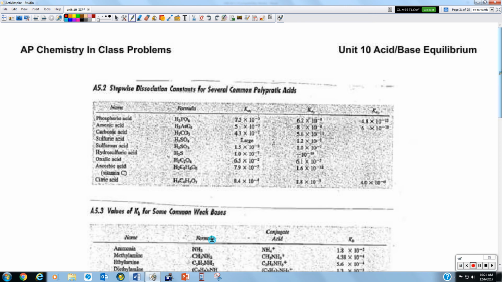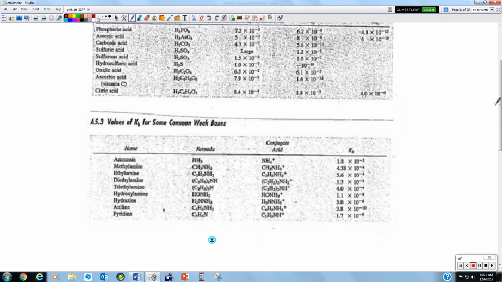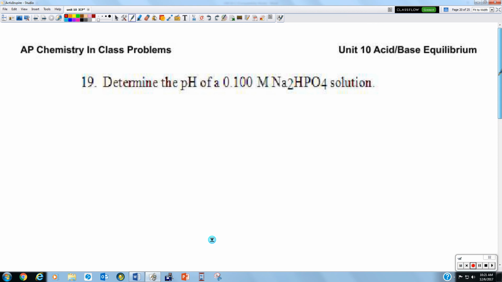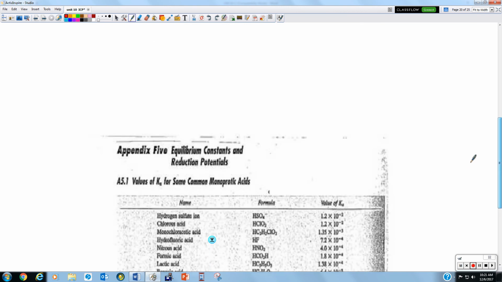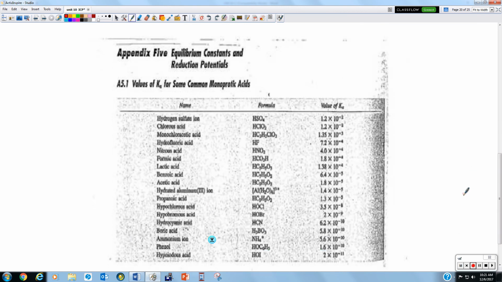So look in your tables, and I think it is the table that's under problem 19 that has it. It's kind of hard to see, but you need to find HClO, or another way that it might be written is HOCl.